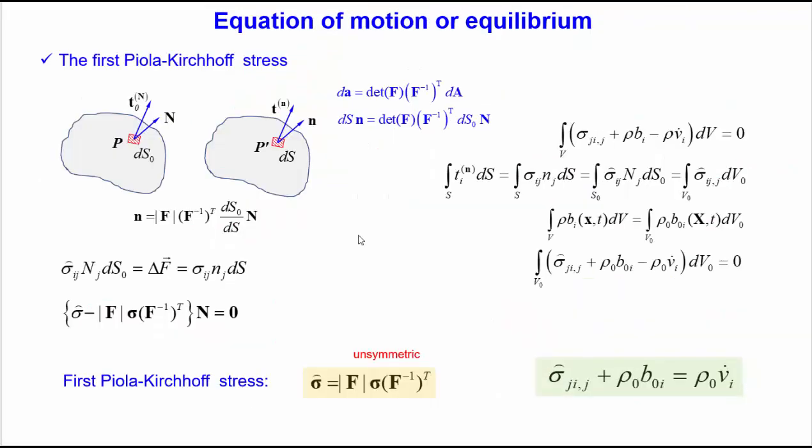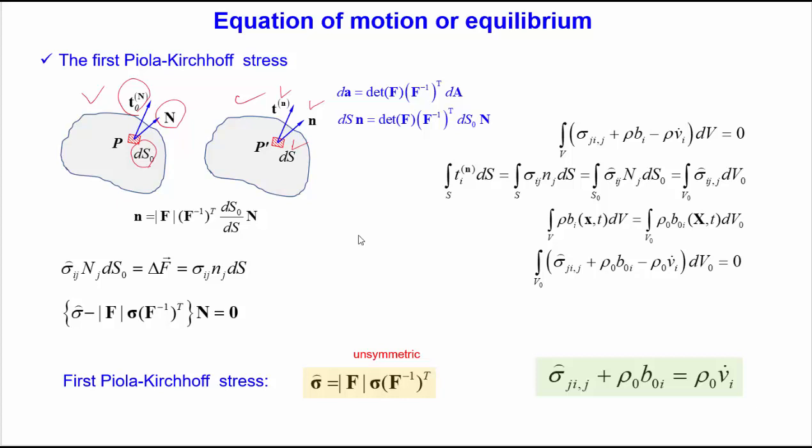Now, let's define the stress in the material coordinate system corresponding to the Cauchy stress in the spatial coordinate system. We define the normal vector denoted by uppercase N, the stress vector by T0N, and the area of the surface element by dS0 in the material coordinate system, corresponding to lowercase n, Tn, and dS in the spatial coordinate system, respectively.